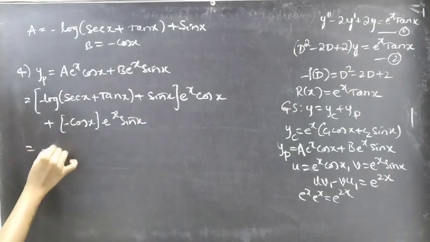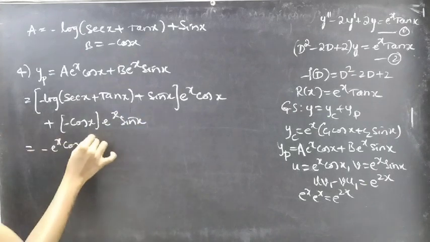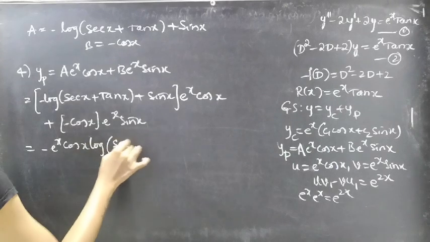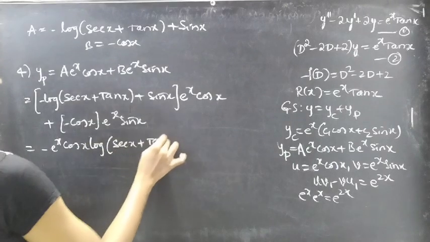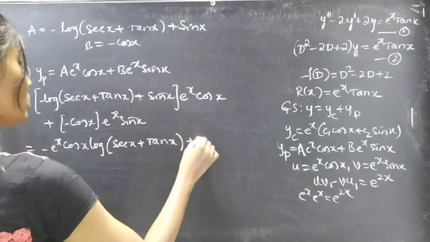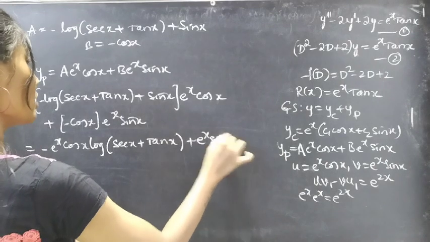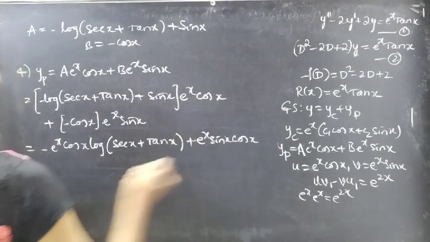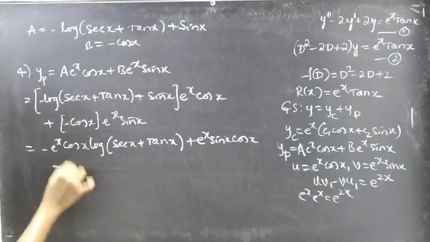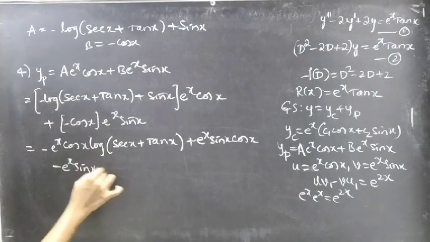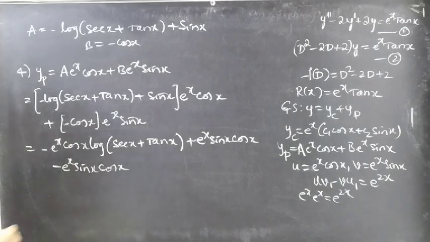This gives us minus e power x cos x log of secant x plus tan x plus e power x sin x cos x plus into minus, minus e power x sin x cos x, right?